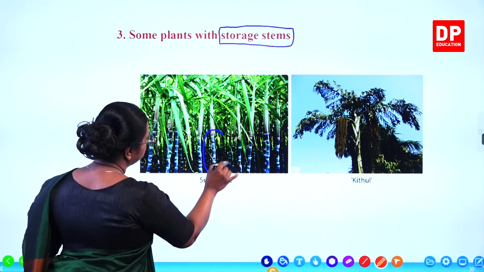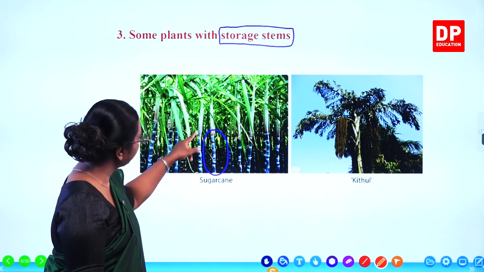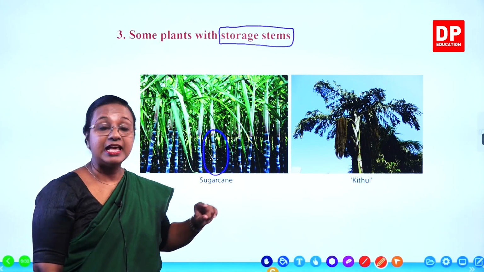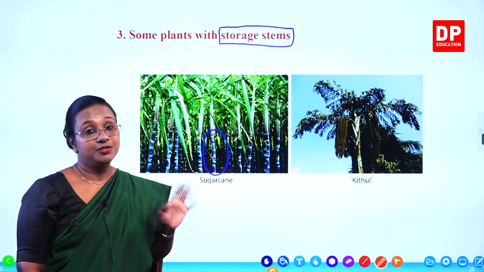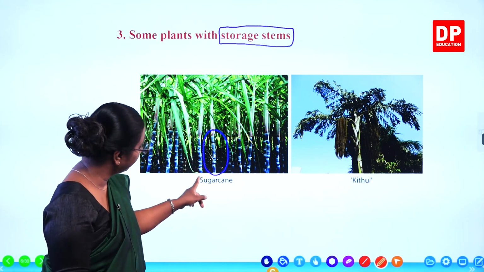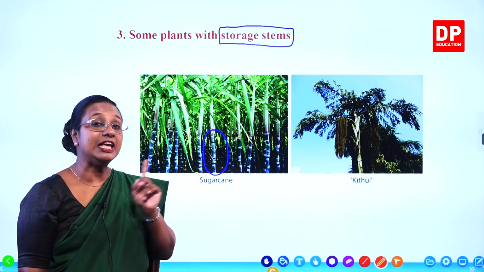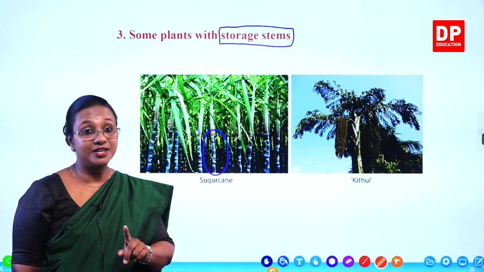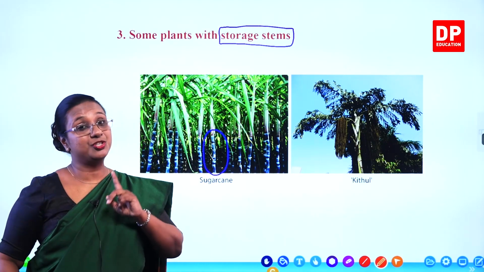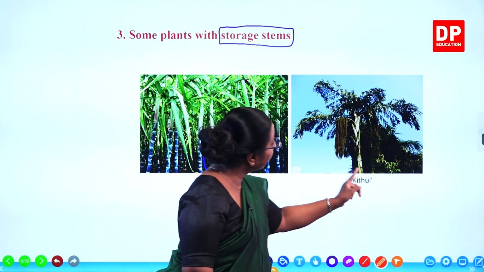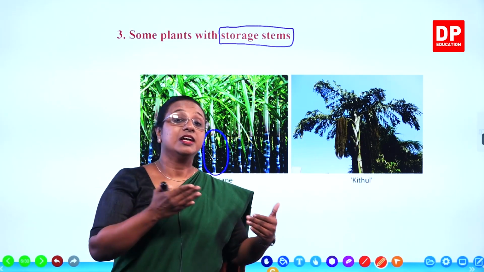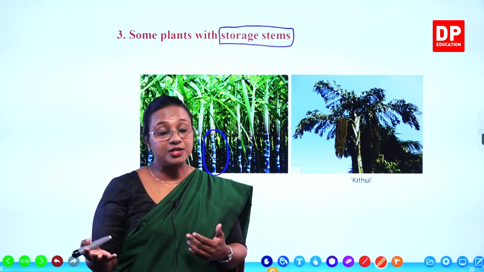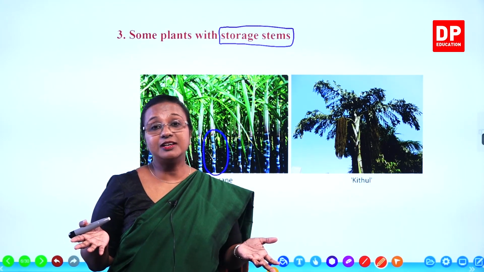This part of the stem, that is the type of stem present in sugarcane, and that stores food. So you are familiar with that. From the sugarcane juice we produce sugar, because there is food, sugar. Same way, kitul. Now you know the use of kitul. We get the kitul penny, and from that they also make kitul jaggery.